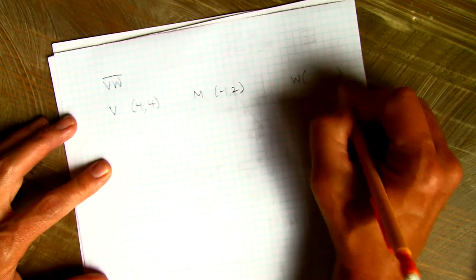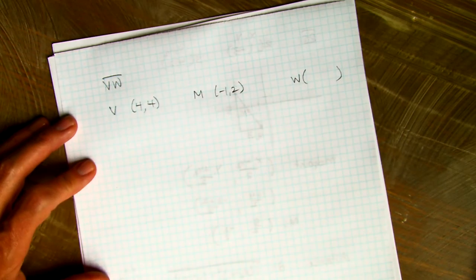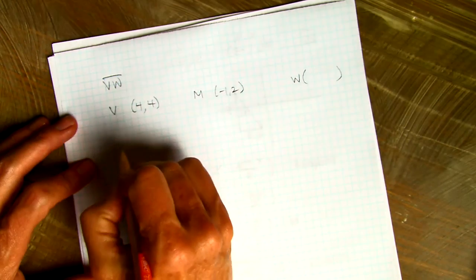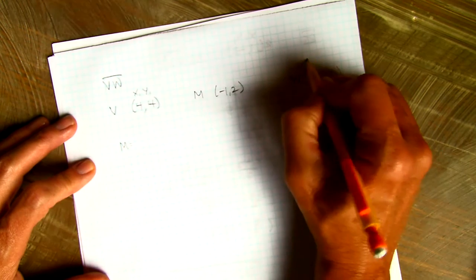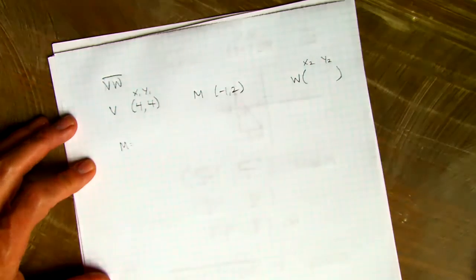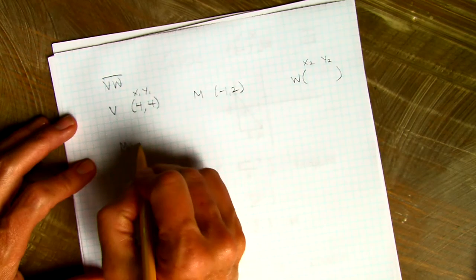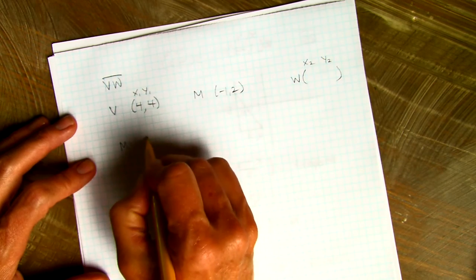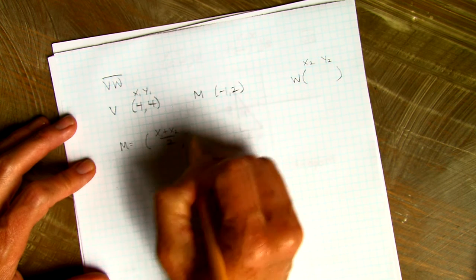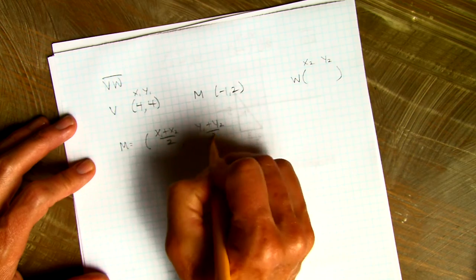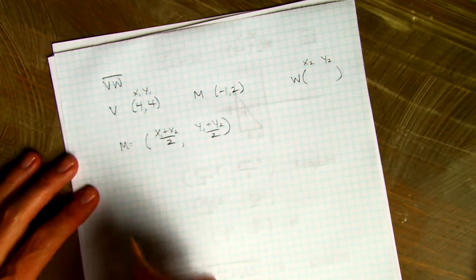I want to know what W is. Well, you could use the formula. If I call this x1, y1, and this is x2, y2, that's what I'm looking for, I know that my midpoint is x1 plus x2 over 2, y1 plus y2 over 2.